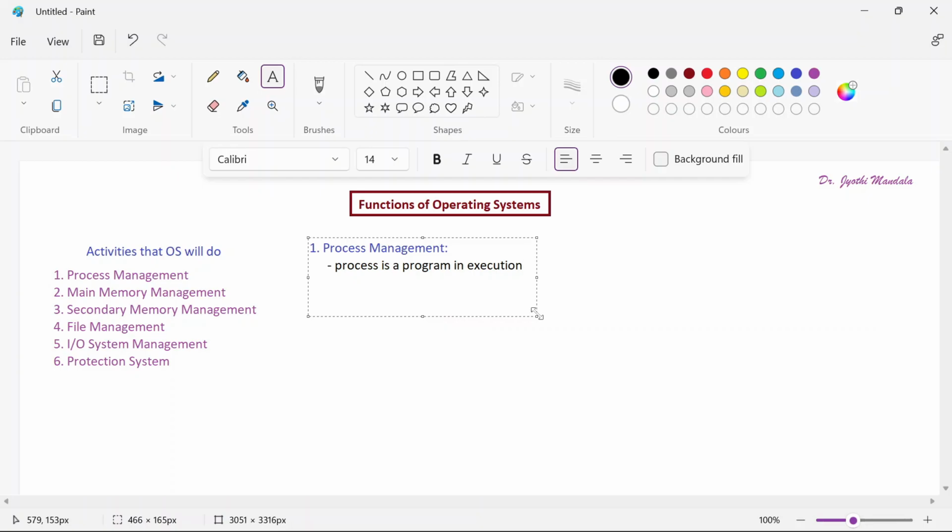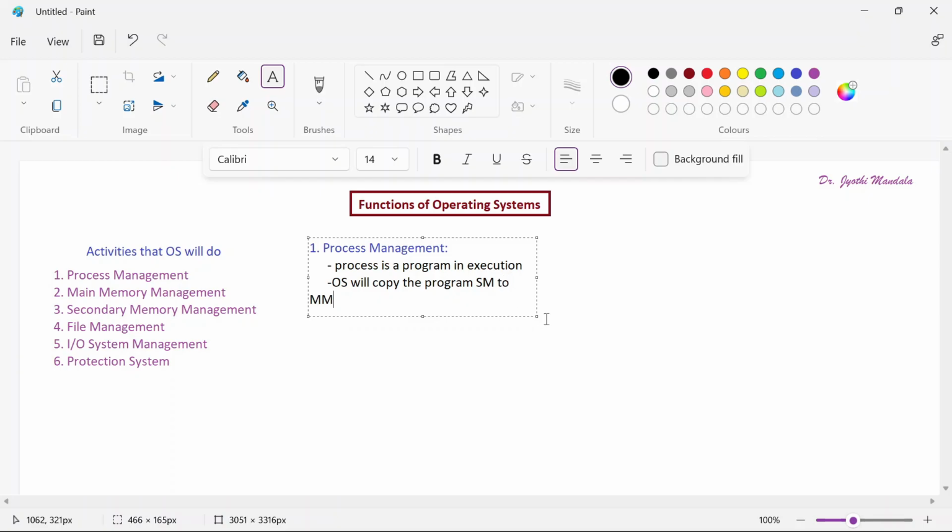So when will it be considered a process? Whenever we want to execute any program, the operating system will copy the program from secondary memory to main memory.